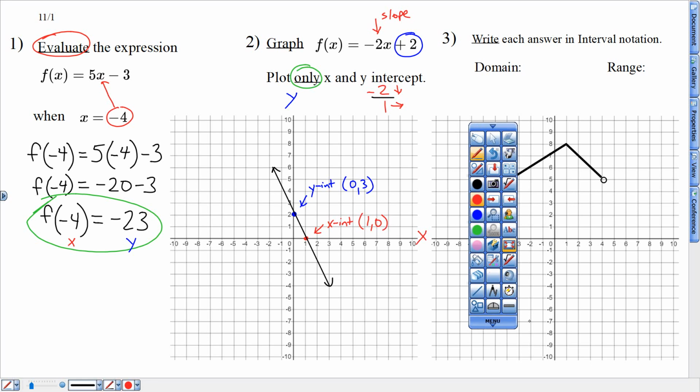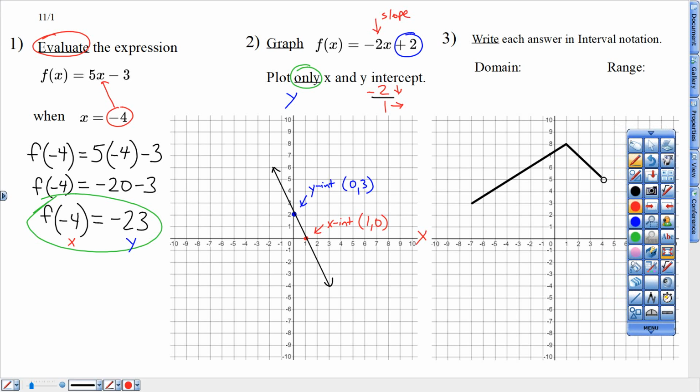All right, this next concept, domain and range, using what's called interval notation, where I use either square symbols or rounded symbols. All right, so here I go. For domain, domain is measured left to right using the x's, the x numbers on the x-axis.